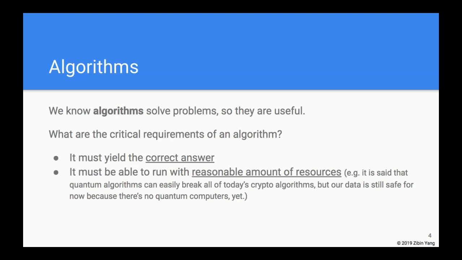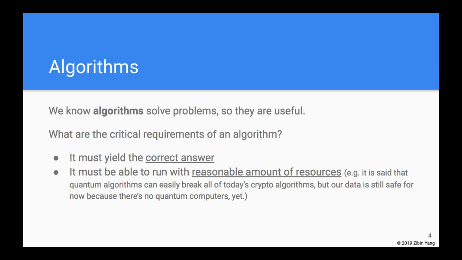One famous example of the opposite of that is that you might have heard of all these fancy quantum algorithms that can run so fast that they can break all the cryptographic security algorithms of today.